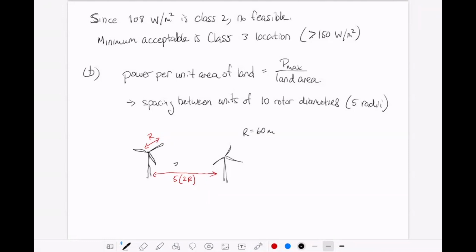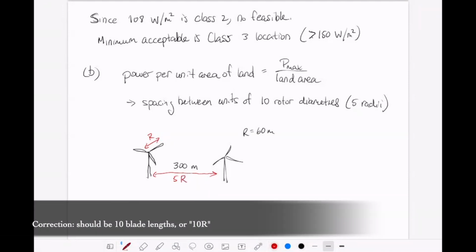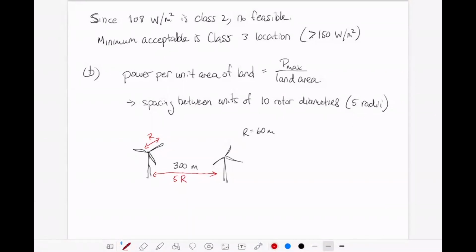So this would be 300 meters. So 5 times 60, 300 meters. So 300 meters is the distance between all of them.